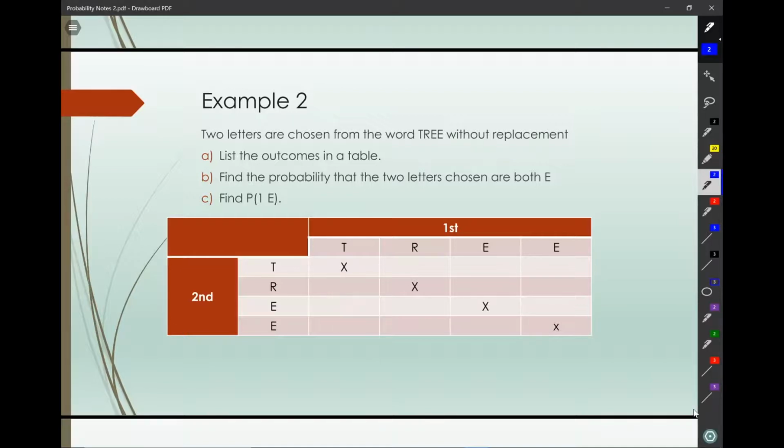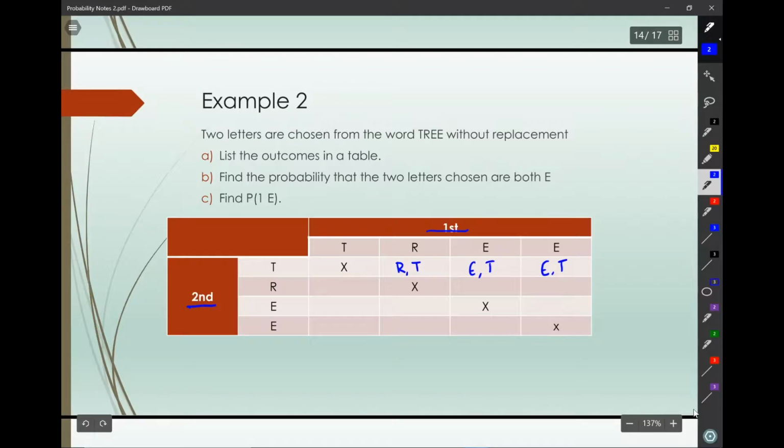But the table works in the same way. Here along the top we have our first choice, and here along the side we have our second choice. So if on our first choice we get an R, and on our second choice we get a T, we write it like that. If on our first choice we get an E, and then second we get a T, we write it like this, and so on.